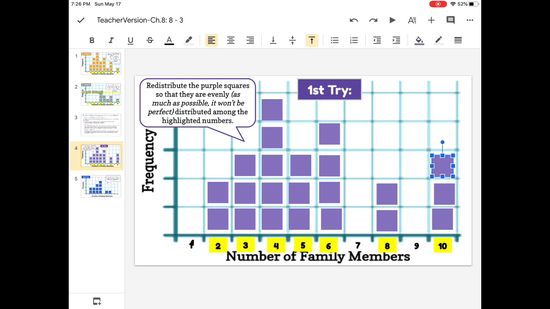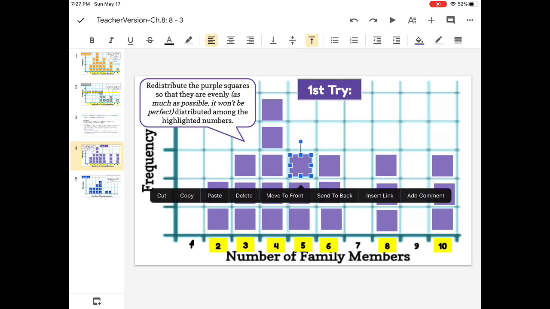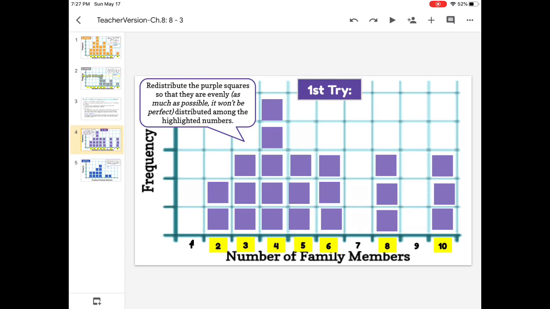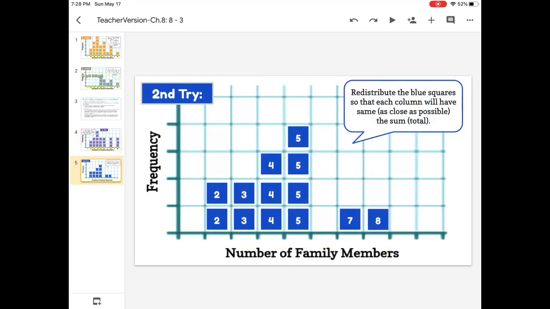So you want to move the squares until they are all even. So if you look at it so far, most of the columns of the highlighted numbers have 3 squares. So you want to keep moving it until it is evenly distributed as much as possible. And again, I don't know if it's 3, I just moved them and it just happened to be 3 so far. So go ahead and move it around.